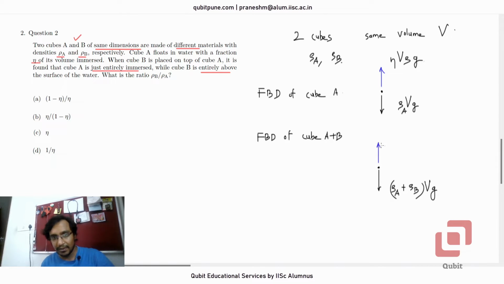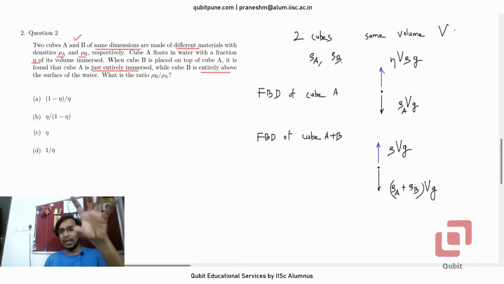What is the buoyant force? They are saying when cube B is placed on the top of cube A, it is found that cube A is just entirely immersed while cube B is entirely above the surface of the water. So this time, the volume of the water displaced is equal to volume of the block A or cube A. So the buoyant force will be rho V g.